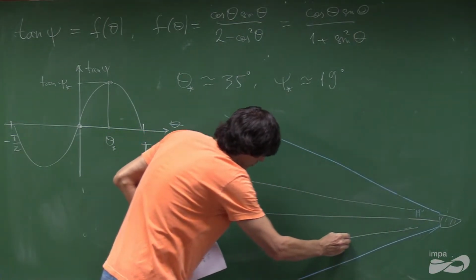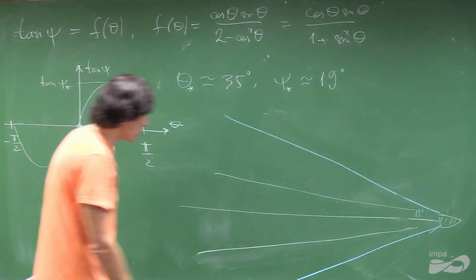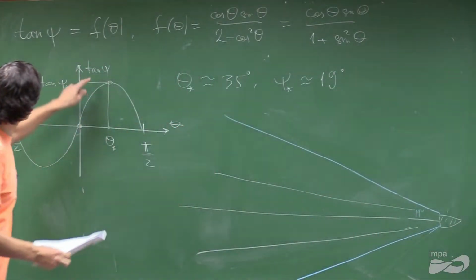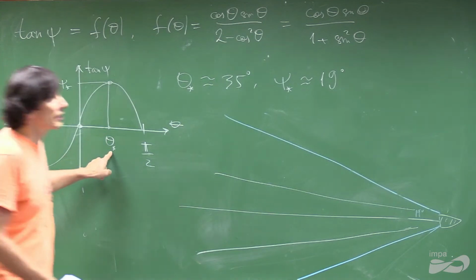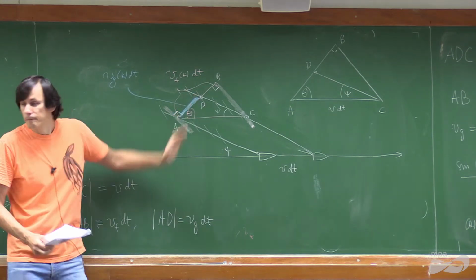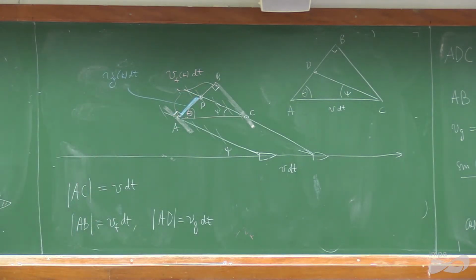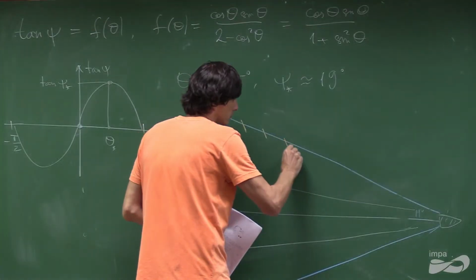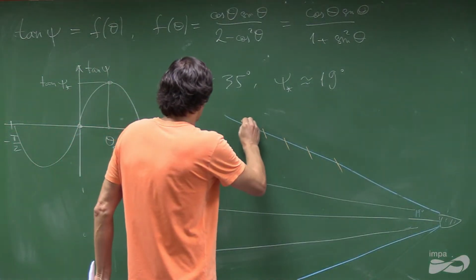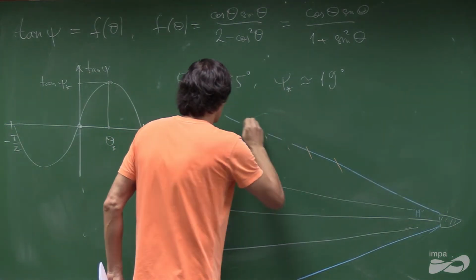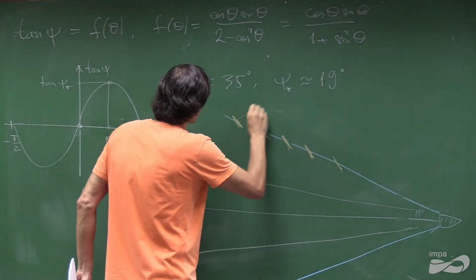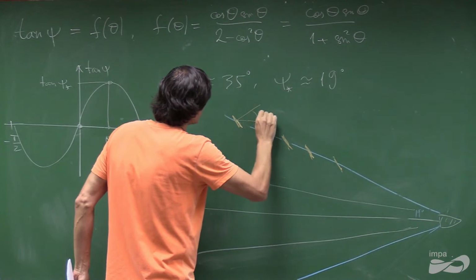And then there is what happens inside. At the critical angle, you have just a single solution which corresponds to theta star, and theta star is the angle of the normal to the wave. So there will be waves at this angle. You see, this is the normal, and this angle is 35 degrees.